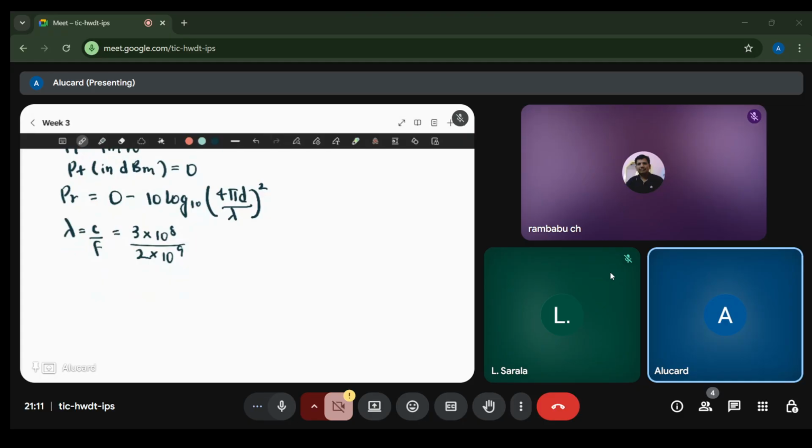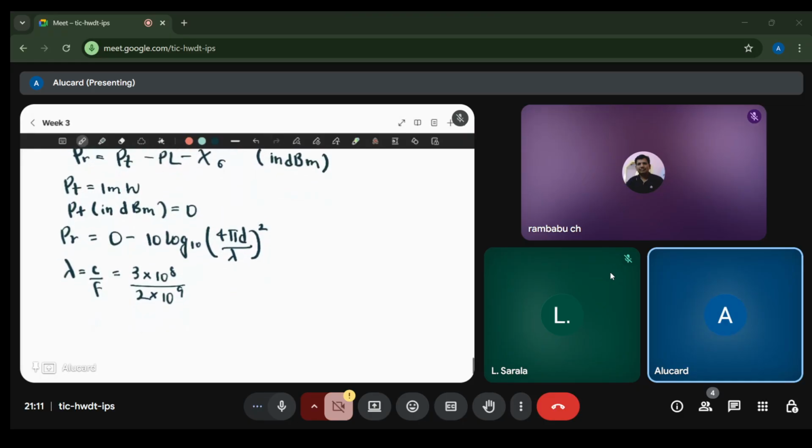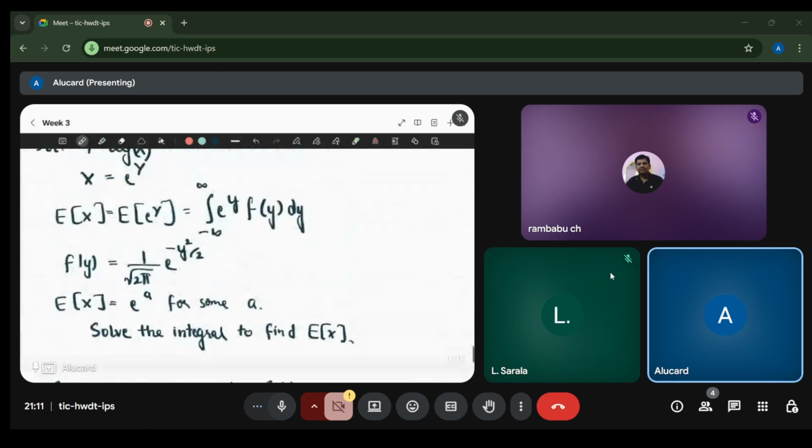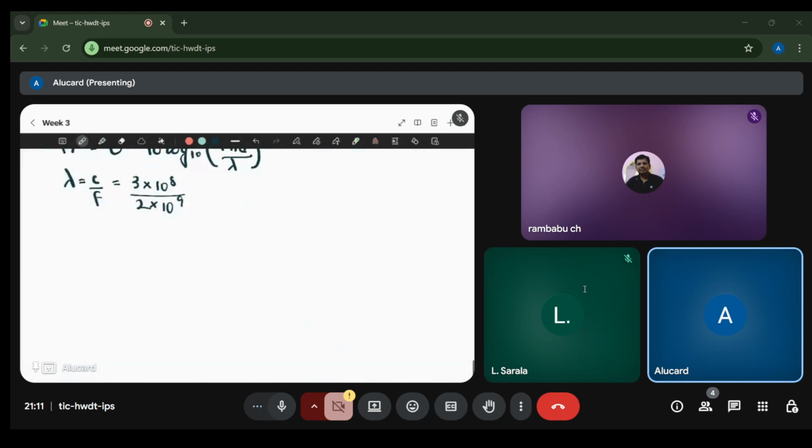Now we have to rearrange the terms. What they're asking is the maximum radius of the cell for 95% coverage.